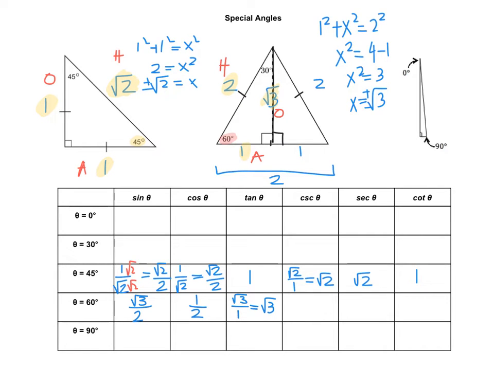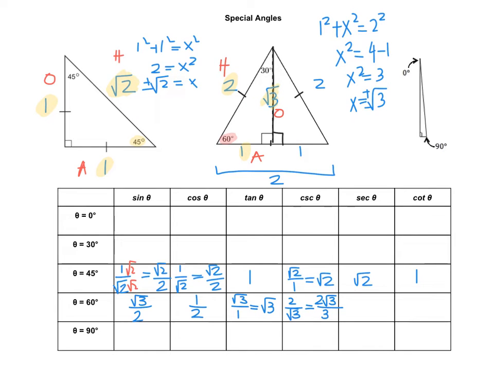And now let's take our reciprocals. For cosecant, I'm taking the reciprocal of sine, so that would be 2 over root 3. I'm not happy with the radical in the denominator, so I'm going to multiply top and bottom by root 3. So the numerator will be 2 root 3, and the denominator will be that nice whole number of 3.